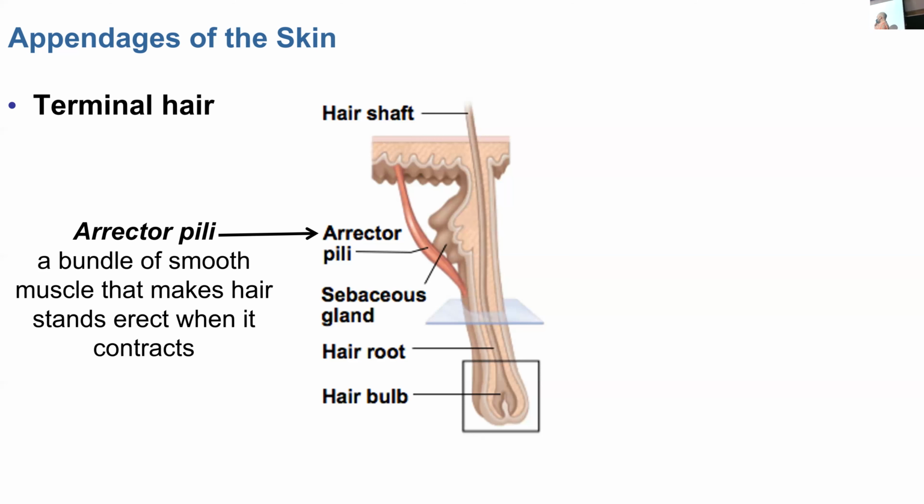Now, traditionally, in our closely related mammals, pulling up these hairs would increase the volume of the hair surrounding the body, and it would therefore create more insulation to keep you warmer if you're cold, or make you look bigger in the face of a predator. Anyone who's had a cat, think about when your cat is alarmed: it puffs up its tail, puffs up all its hair and makes itself look bigger.